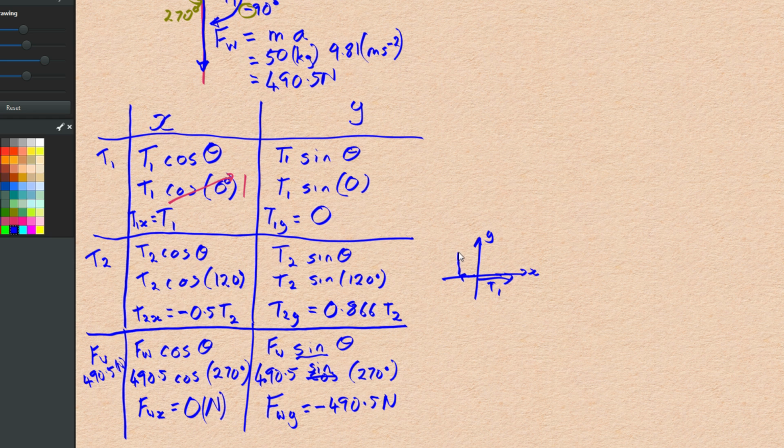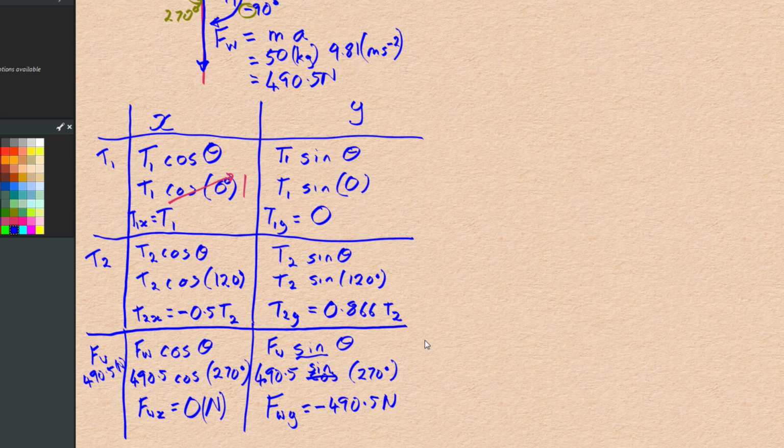A larger part of it would be in the y-axis because that is larger and going up. So T2 would be made up of this, and then my weight force would be down here, and that would equal 490.5 newtons. All of this information is from this table, but that's saying why we need to have negatives and positives in our table.